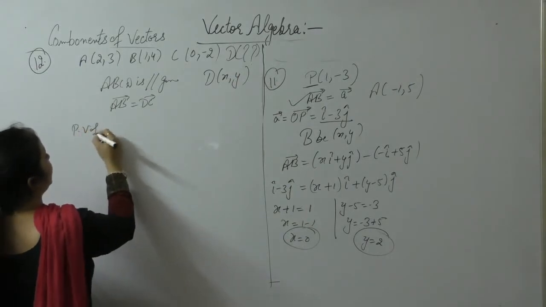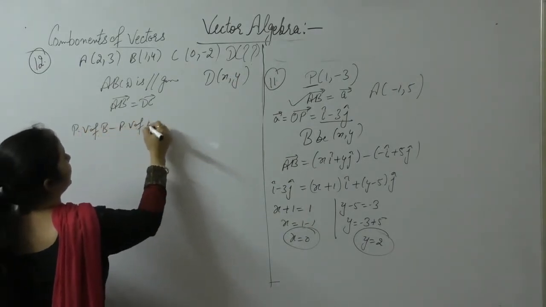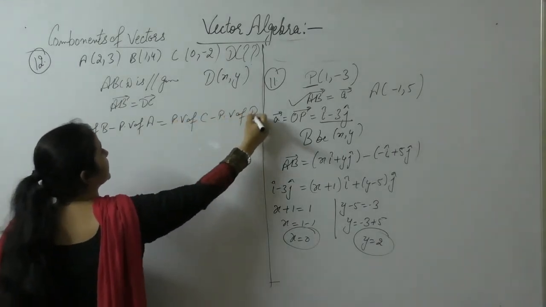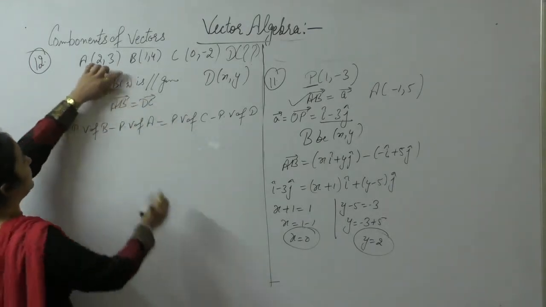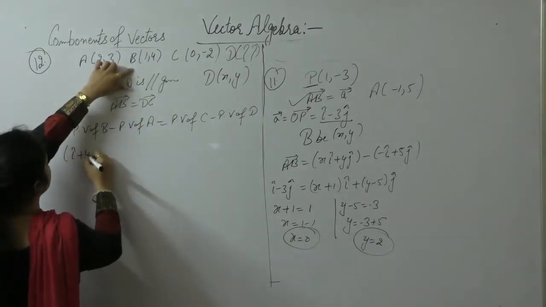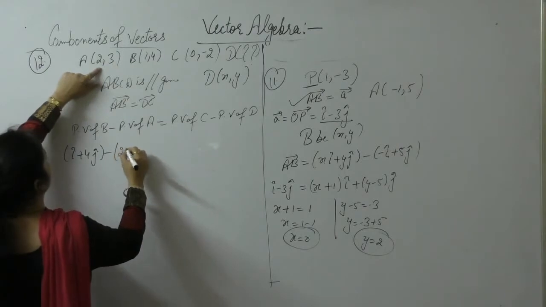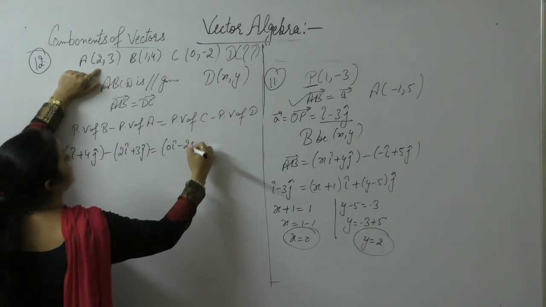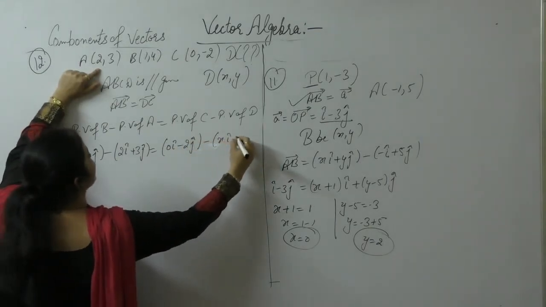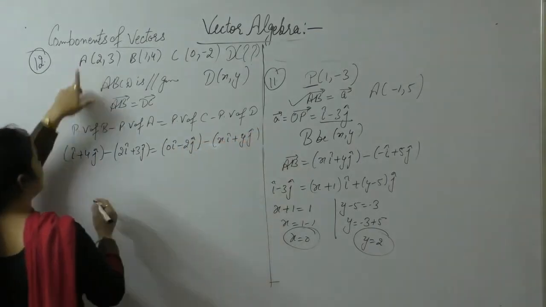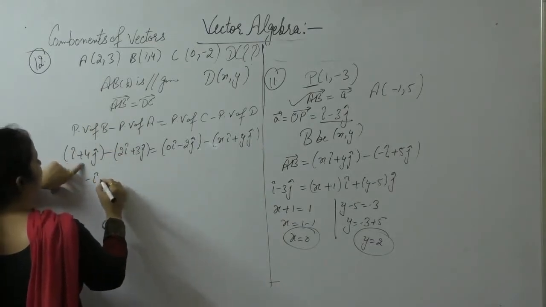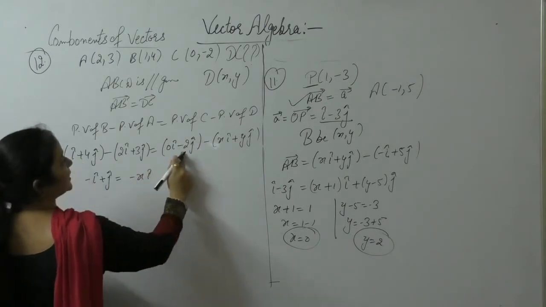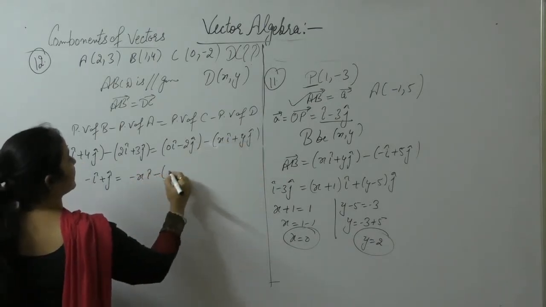Position vector of B minus position vector of A is equal to position vector of C minus position vector of D. Now B has coordinates i plus 4j cap, A is 2i plus 3j cap, C minus D has x and y. Subtract: 1 minus 2, 4 minus 3, 0 minus x, minus 2 minus y.